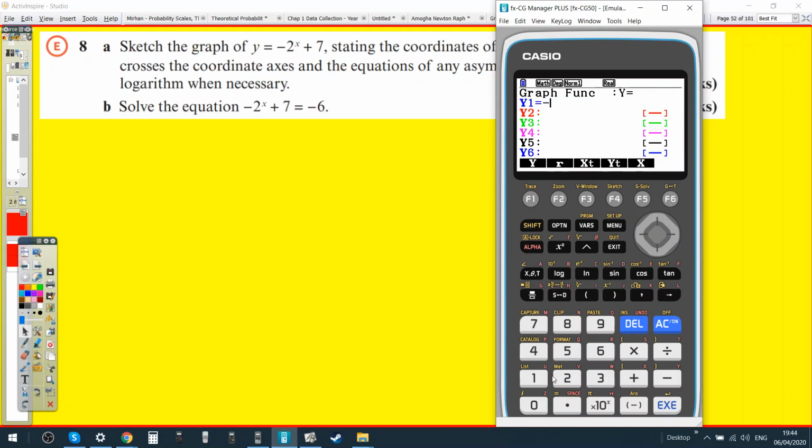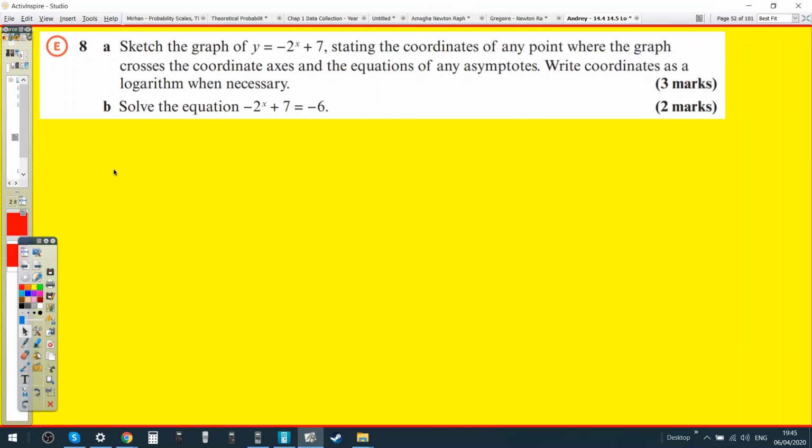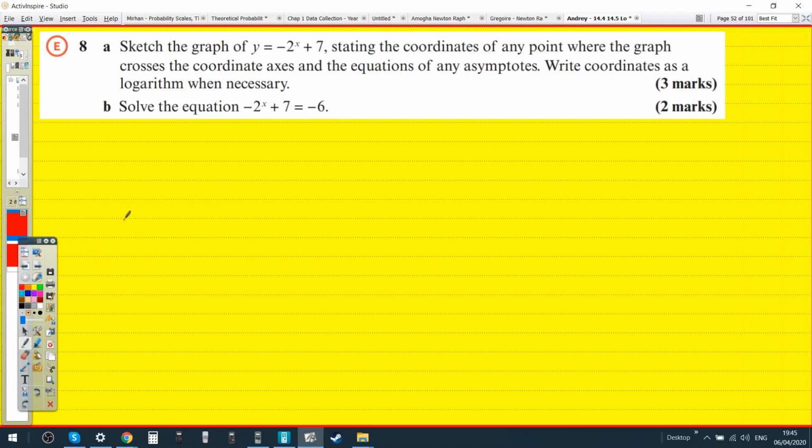So minus 2 to the power of x. Can you just make minus 2 positive and just do 2 to the power of x is equal to 13? Okay. So minus 2 to the power of x is equal to minus 13. And so what would you do?